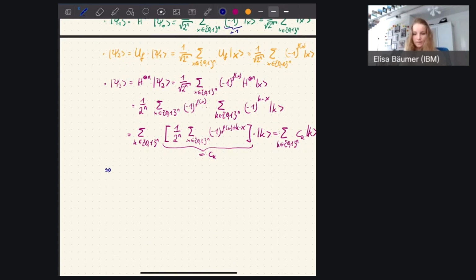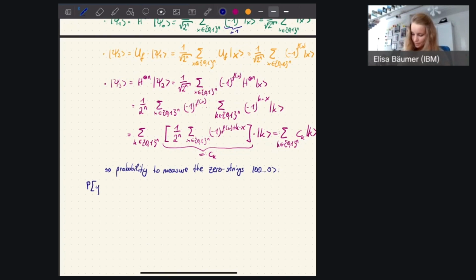Good. So we have a superposition of just some bit strings k in the end that have amplitude ck. If you remember the Born rule, we can now determine the probability to measure the 0 string, which I claim tells us whether or not our oracle was constant or balanced.